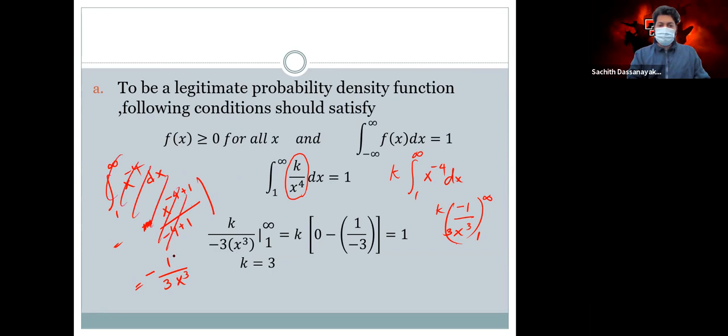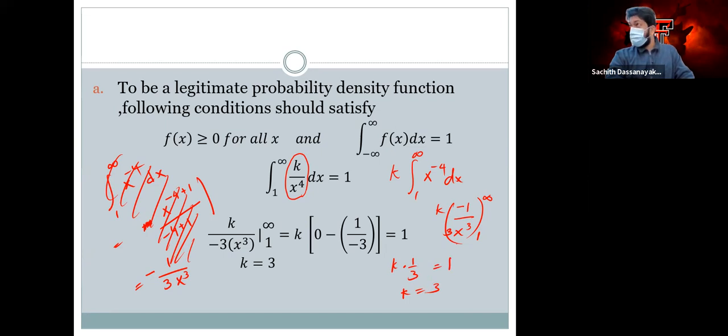Then you can simply plug in your boundary values, and this is going to be k times 1 over 3 equals 1. So k equals 3. Clear?